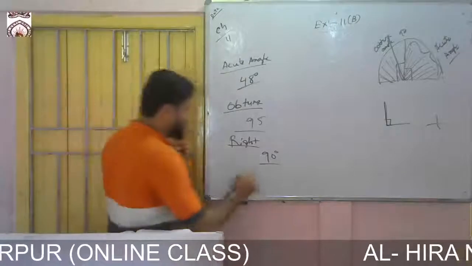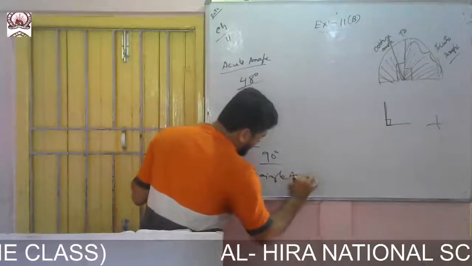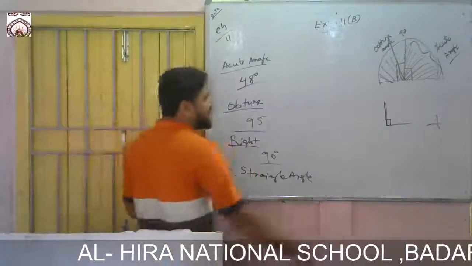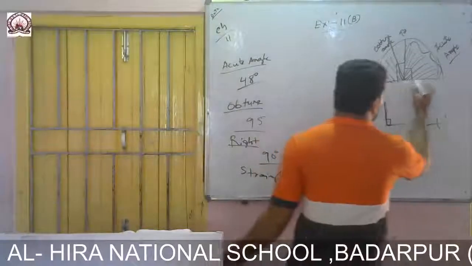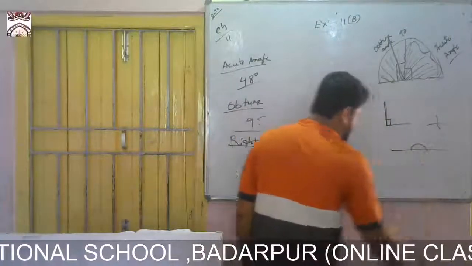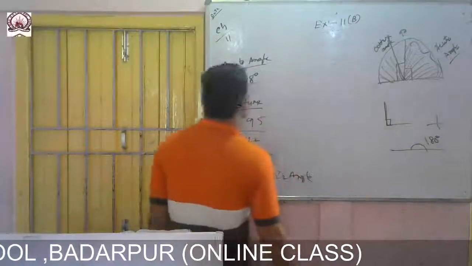Now let us come to straight angle. What is straight angle? Whenever you draw a straight line, there is a straight angle. That is 180 degree.